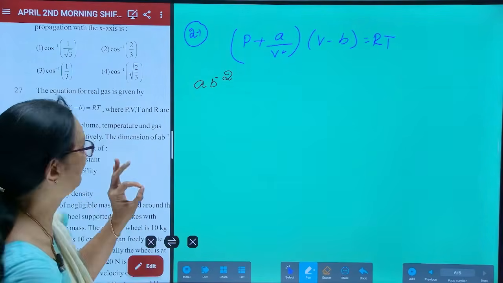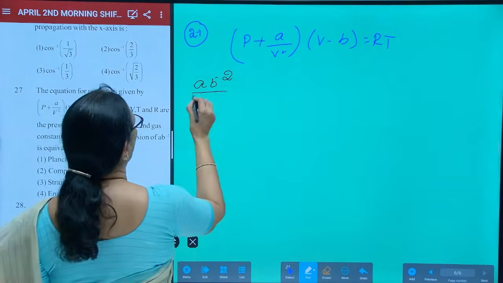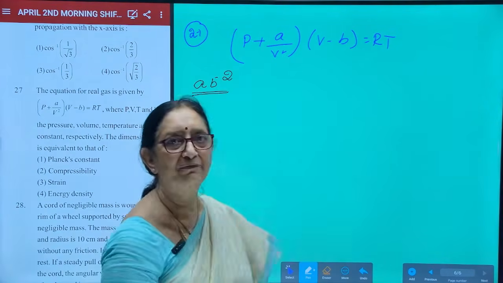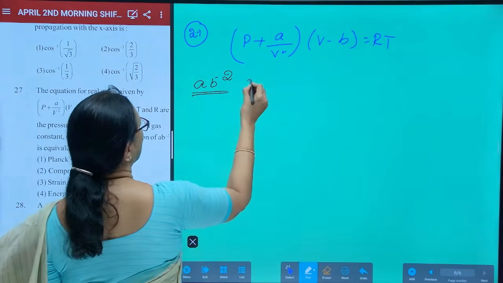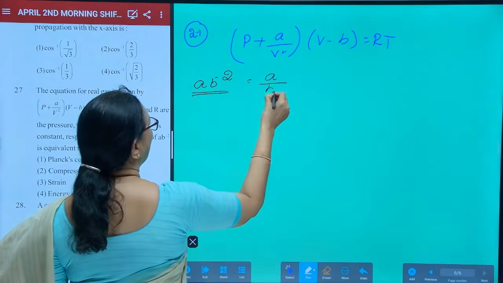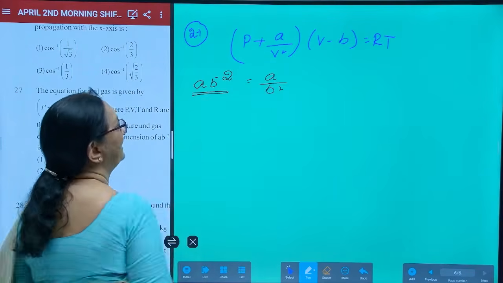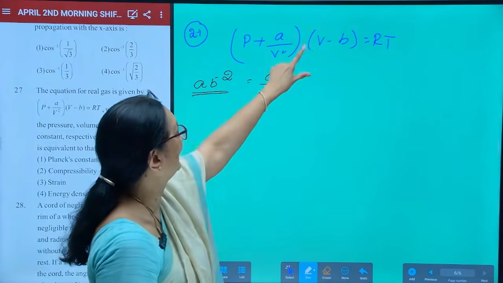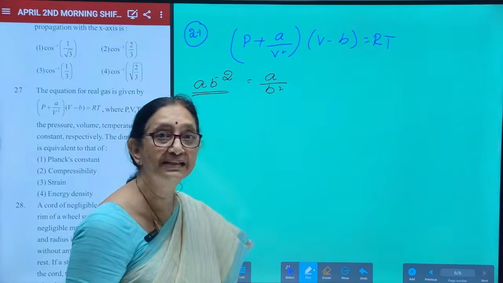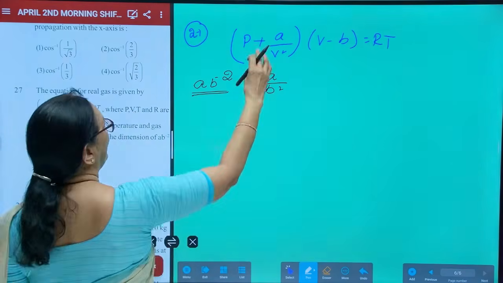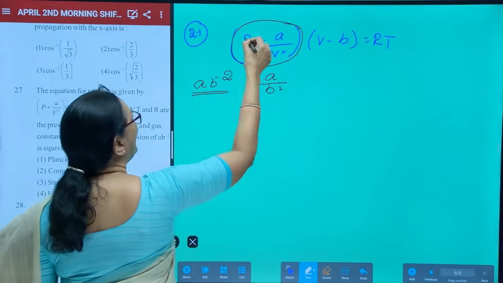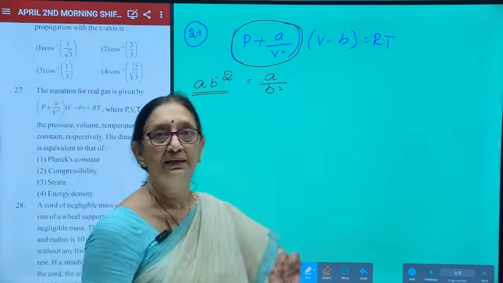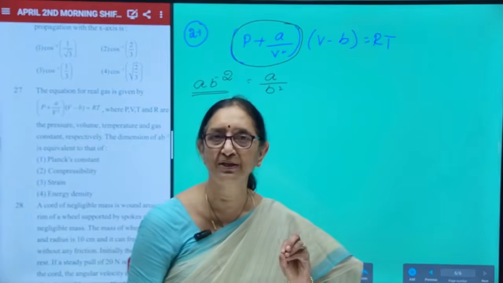So our primary objective is to find the dimensional formula for A B to the power of minus 2, which is equal to A by B square. To find the dimensional formula for A and B, let us use the principle of homogeneity. A by V square is added to P here. So P and A by V square should have the same dimensional formula.